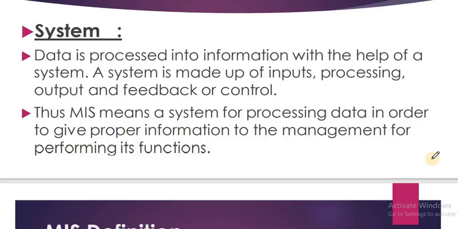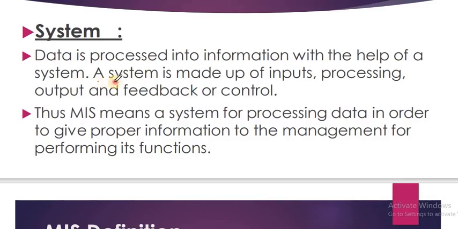Can we see how those three interchange with one another? And a system in this scenario is made up of what? The input, the processing, the output, the feedback, or the control.